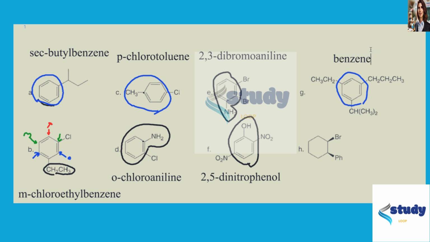And now, going in alphabetical order, we need to determine what comes first. So we have an ethyl group on the left. We have a propyl group on the right. And then we have an isopropyl on the bottom.